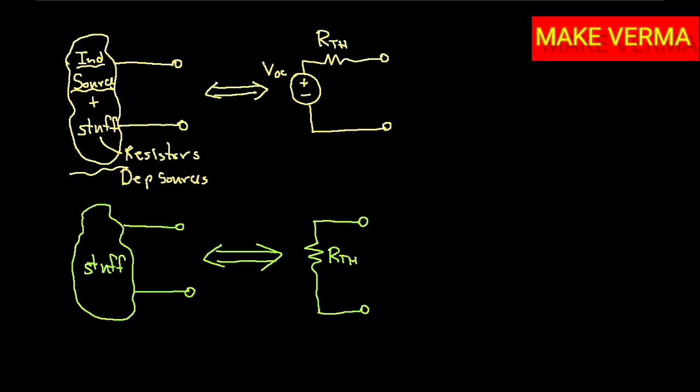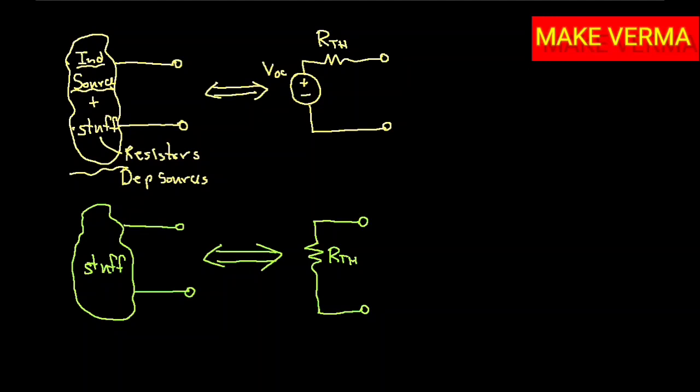Because, for example, I might have an amplifier. So this blob would represent an amplifier with lots and lots of components inside of it. But as long as it's made out of linear components, which includes independent sources, dependent sources, and resistors, at least at this point. Later we'll introduce other linear components.